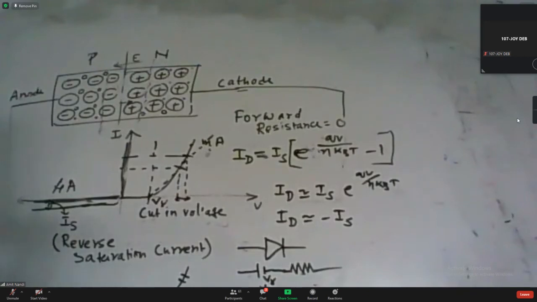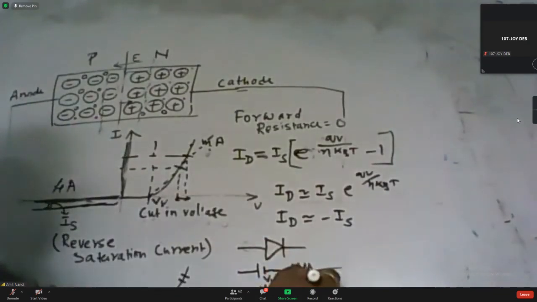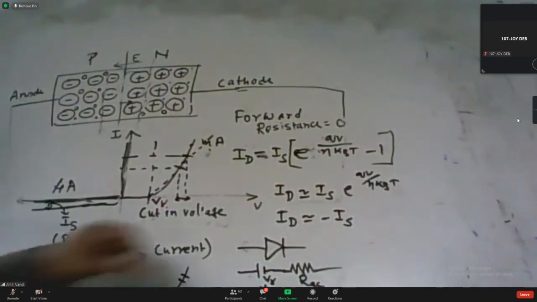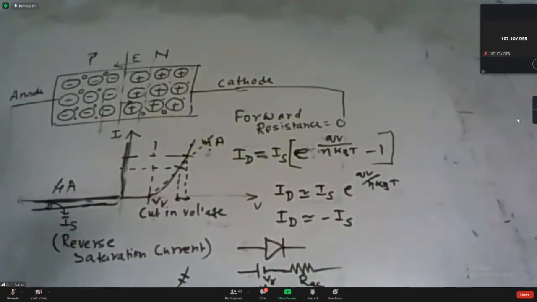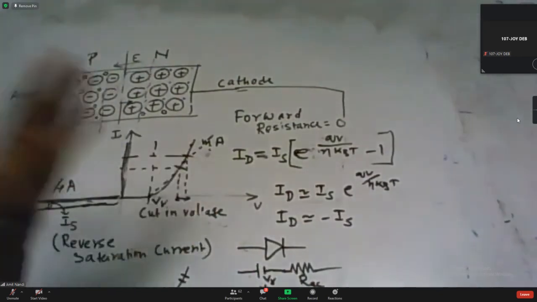So the dynamic resistance or AC resistance can be connected in series with the cut-in voltage. So the diode can be represented this way if we consider the piecewise linear approximation. A diode is an electronic component, but here we can draw the two circuits by taking the approximation.